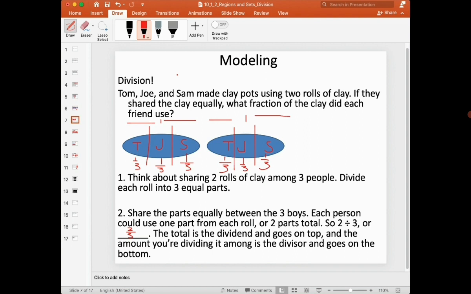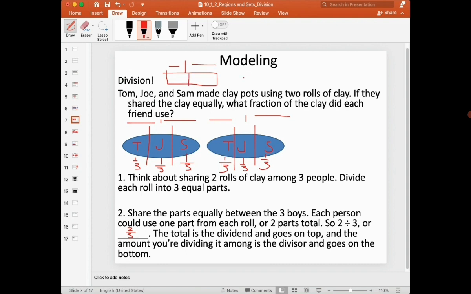Okay. Fractions can also be used to represent division. So before I go over this example, I'll show you just another quick way we can think about this. So when we have our one whole, and we cut it into 2 pieces.